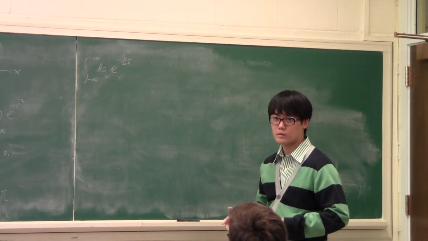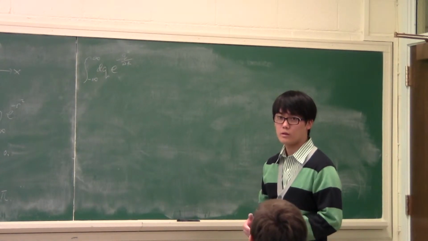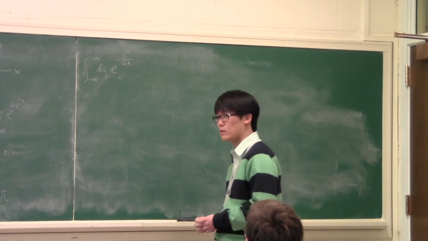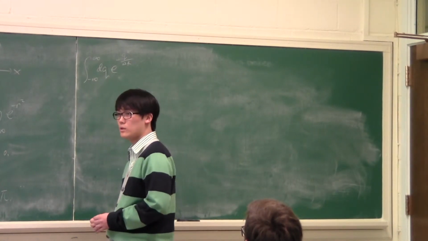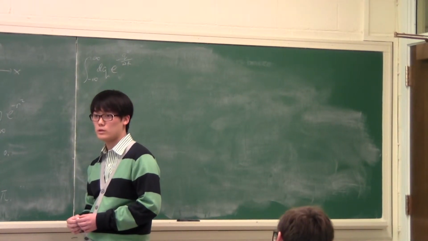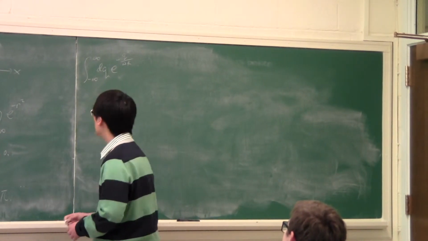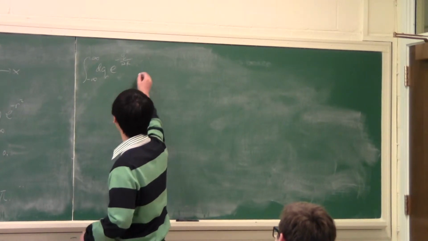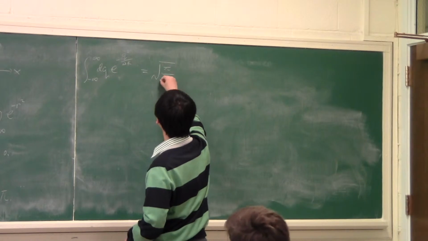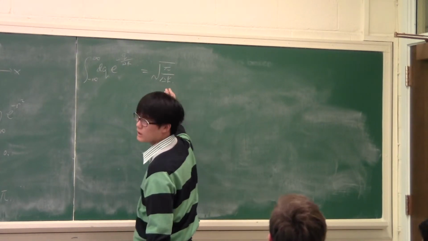Does the integral increase or decrease? Decrease. Right. So we know that the answer should be inversely proportional to that. So it turns out this is equal to square root of pi over delta k. Am I right?